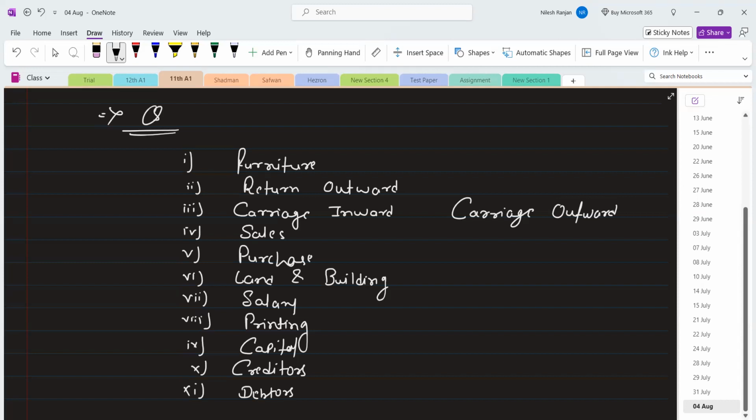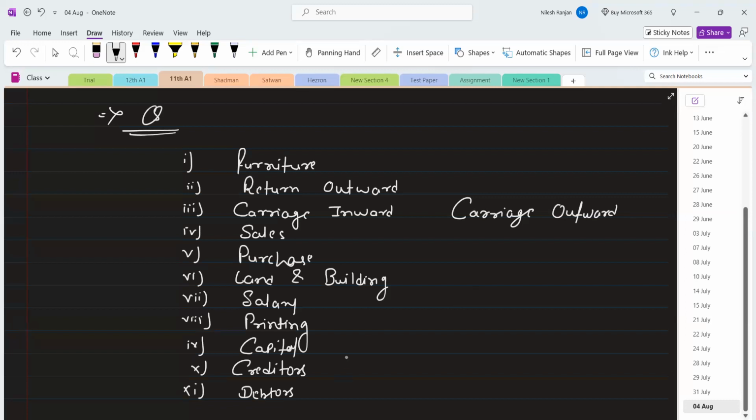Then capital will be on credit side, creditors on credit, and debtors on debit side. Debtors will be on the debit side and creditors will be on the credit side. Sorry, it's the opposite. Creditors will be on the debit side, and debtors will be on the credit side. No, you are just making a huge mistake.